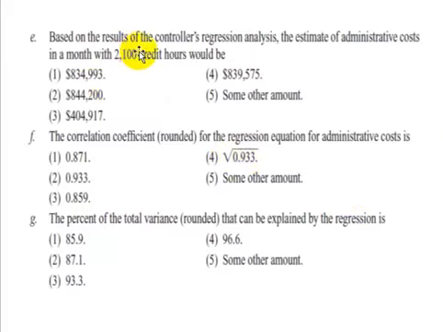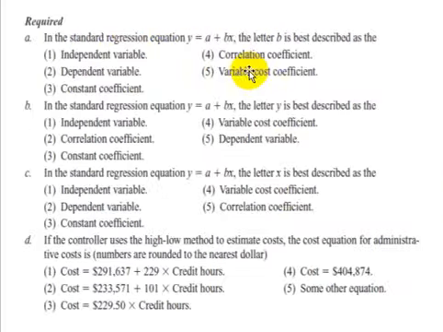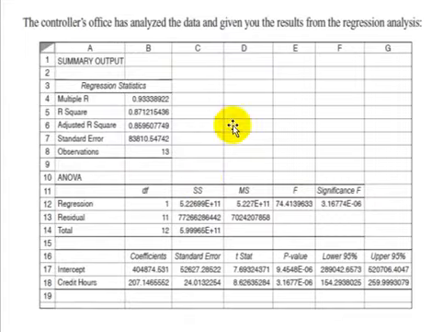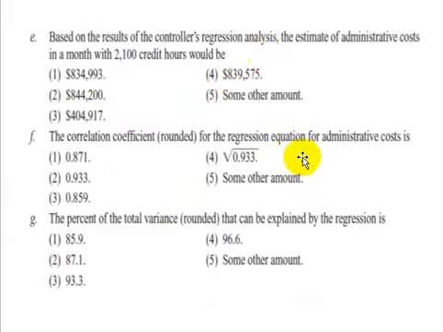Based on the results of the controller's regression analysis, now we will use the regression analysis results. The estimate of administrative costs in a month with 2,100 credit hours: we need to estimate the administrative cost at activity level 2,100 credit hours.